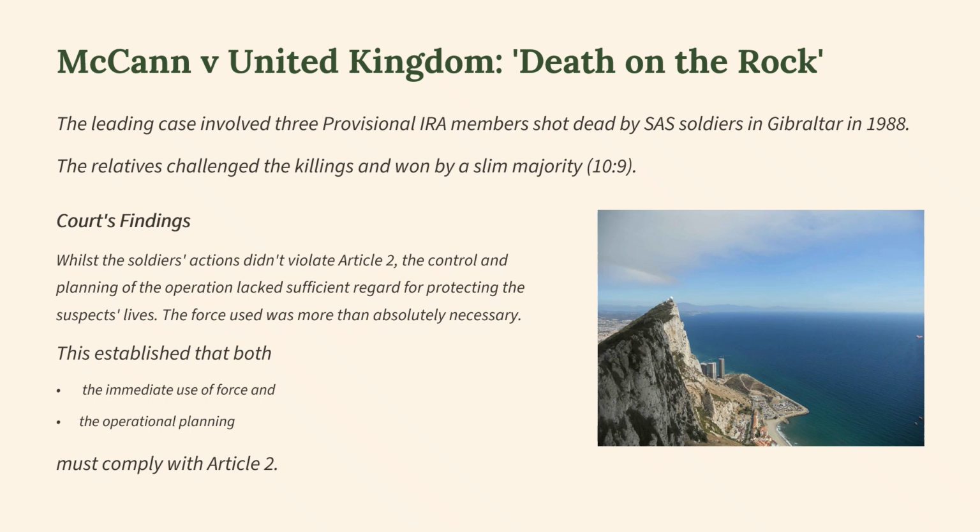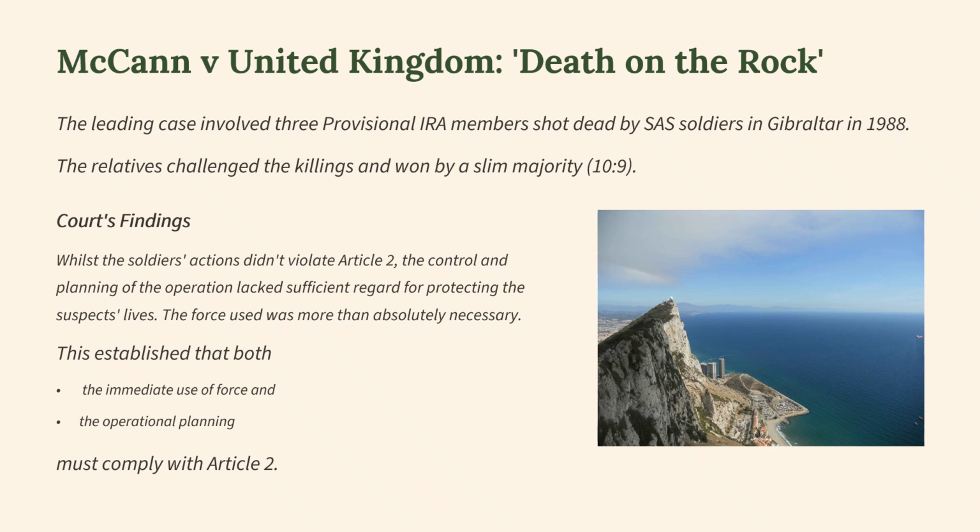Now, McCann versus UK, Death on the Rock, a very famous case back in the 1980s. The leading case involved three Provisional IRA members shot dead by SAS soldiers in Gibraltar in 1988. Please read the facts of this case in more detail, but the relatives challenged the killing and won by a slim majority of 10-9.